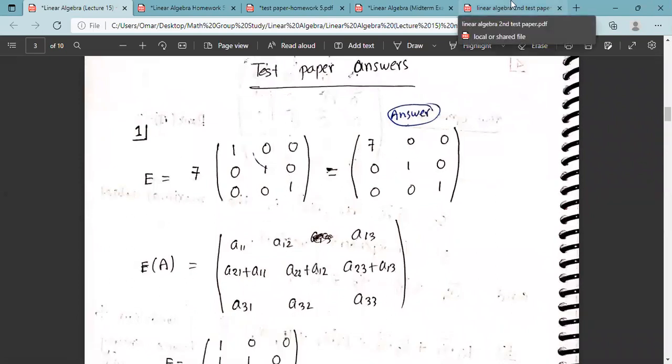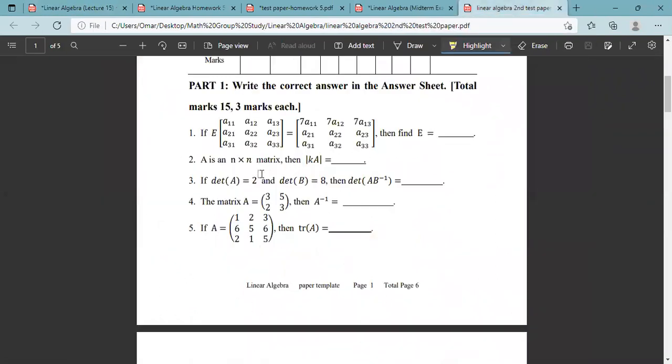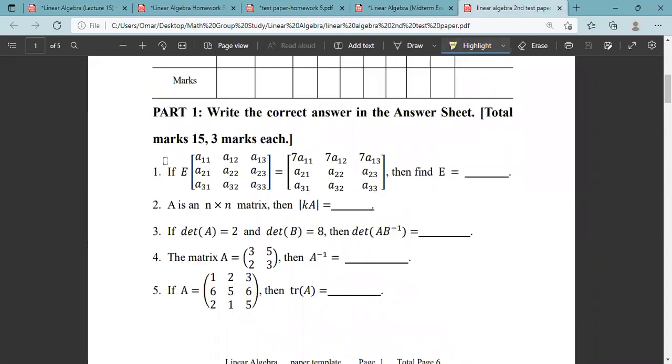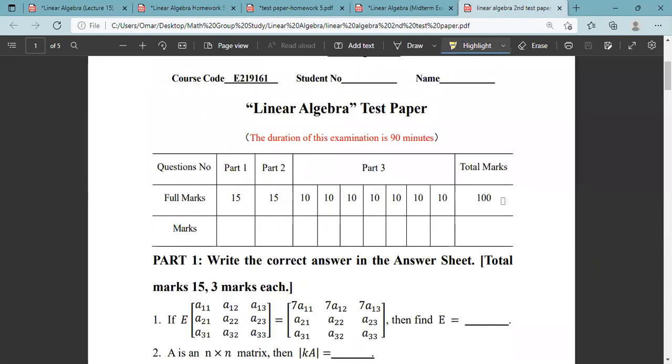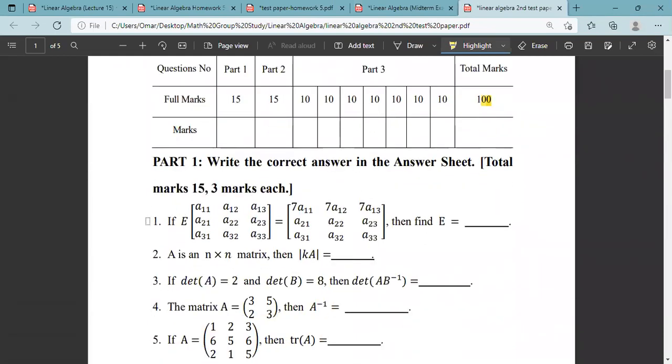So let's see the first question in the test paper. We have an examination of 100 marks. The first question here is: if E is a matrix that is this way, and then we have done some row operation, and now the matrix is this way.